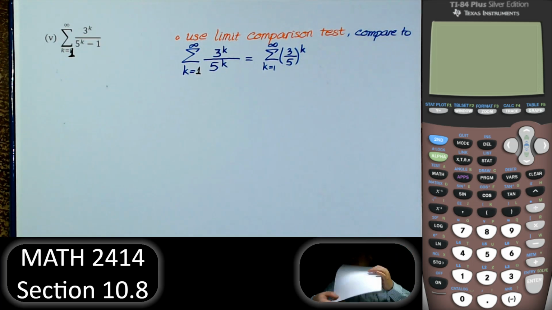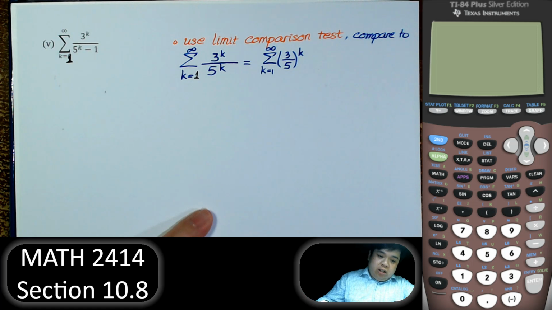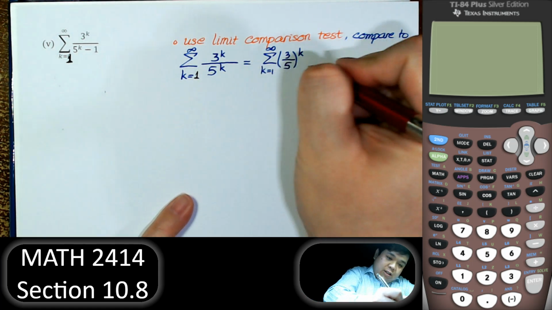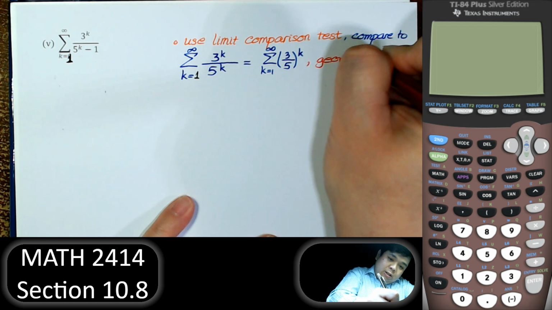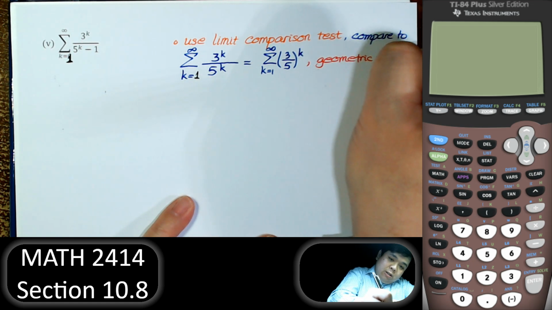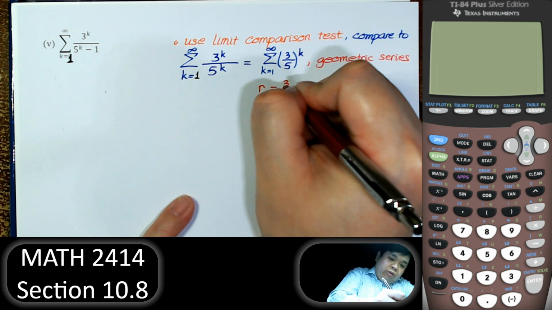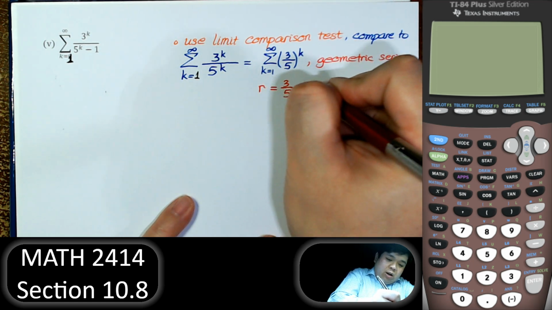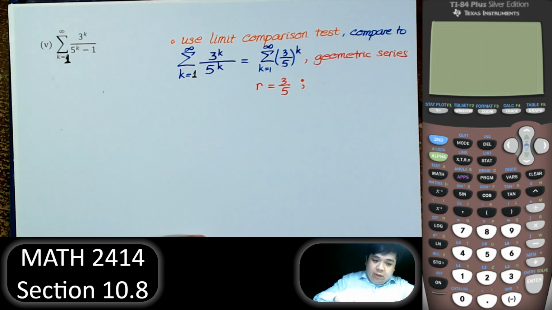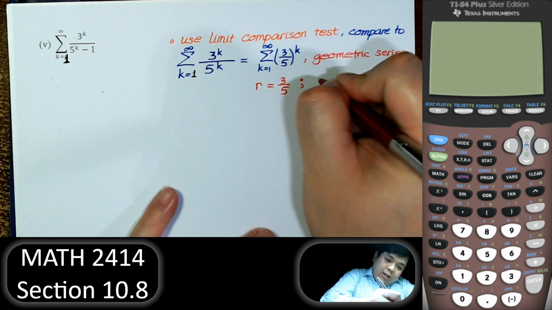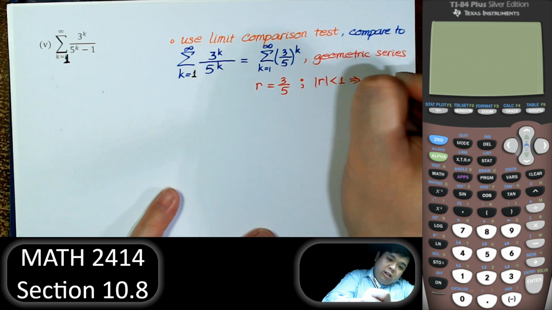So in this case, we compare to the geometric series where r equals 3/5, which is less than 1. The absolute value is less than 1, so it will be convergent.